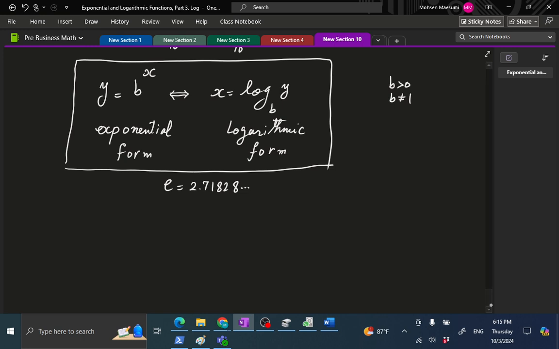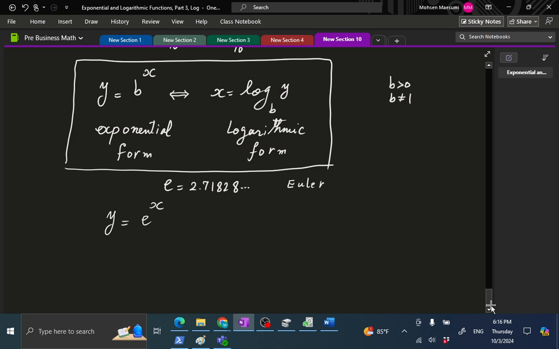And if our base is this number, we have a special situation. So y is equal to exponential of x. We write e to the power of x. e is not a variable, e is just this number. It's a definite number, but given that it's a decimal, we just abbreviate it to e. It's the first letter of the name of a Swiss mathematician by the name of Euler.